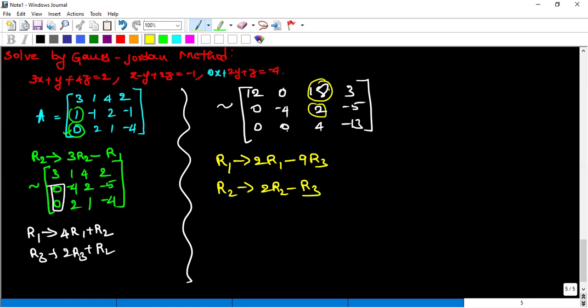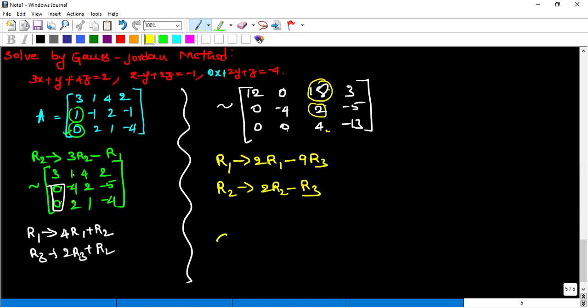To change these two into 0, we are taking the help of the third row. To change these two, we are taking the help of the second row. To change these two, we took the help of the first row. Understand the pattern, so it will be easy for you.